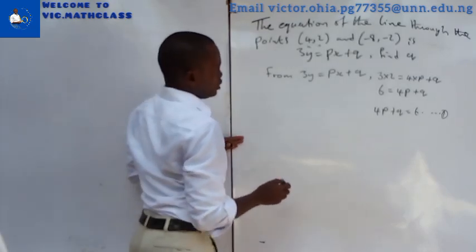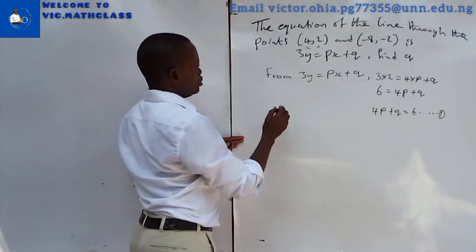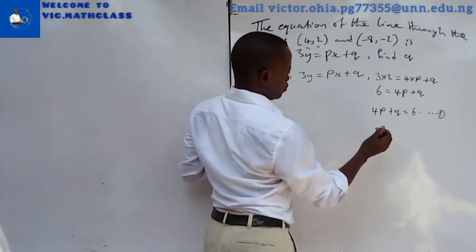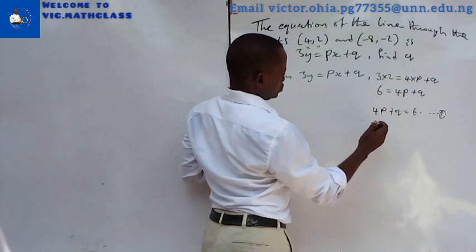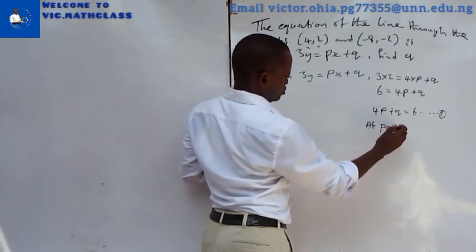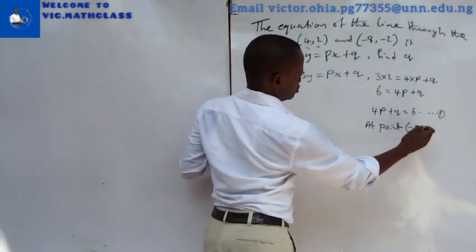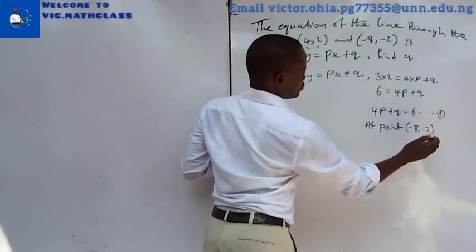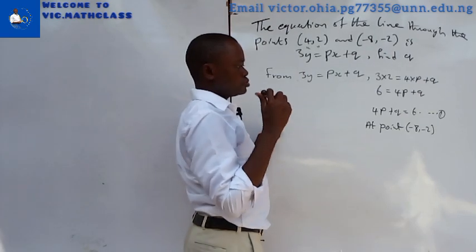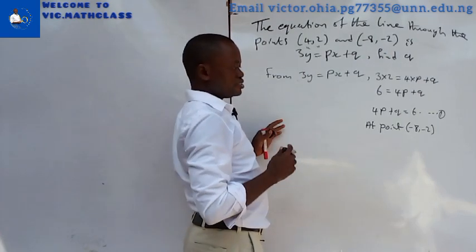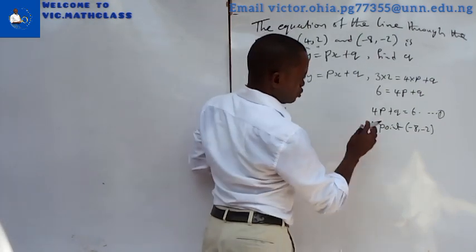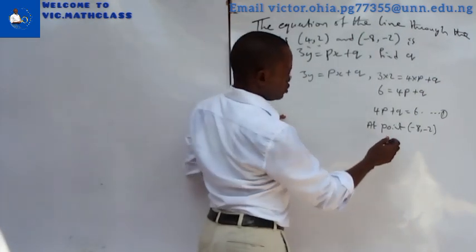Now let me come back again from here. Let me do it here so that we can have more space. We can also see that at point -8, -2, please look at my introduction to coordinate geometry so that when I say point, you can see clearly the picture I am trying to bring up here, so I don't repeat that explanation again.